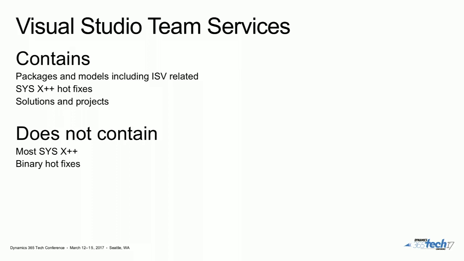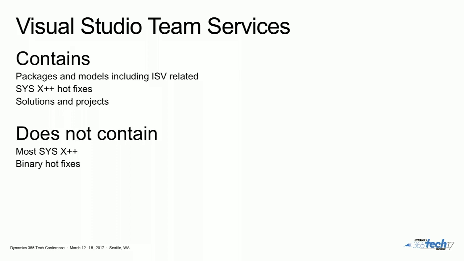And because a build machine, when it creates a build, sort of starts over with a fresh packages folder, and then it puts what's in VSTS over top. So if you got a fresh packages folder, it'll have the old main account. You want the updated one in your case. It does not contain most of the sys X++, which is just sitting on the machine in the folder. And it does not contain binary hotfixes, which are generally platform things.